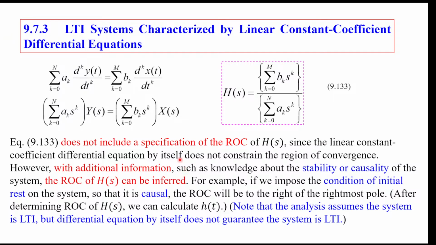So that will satisfy the two constraints that we need. First, it's LTI, so this equation makes sense, and also it's causal, and from causal you can infer the ROC of our Laplace transform here, and the ROC will be to the right of the rightmost pole, etc.